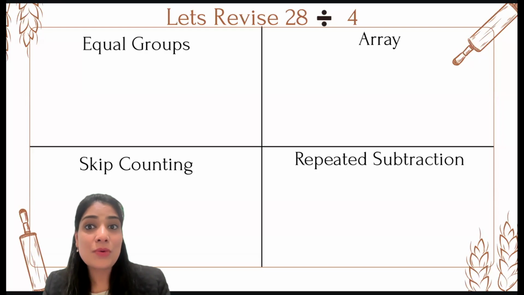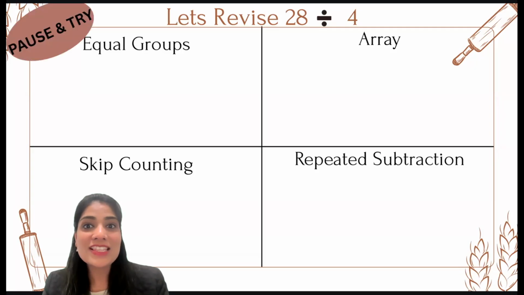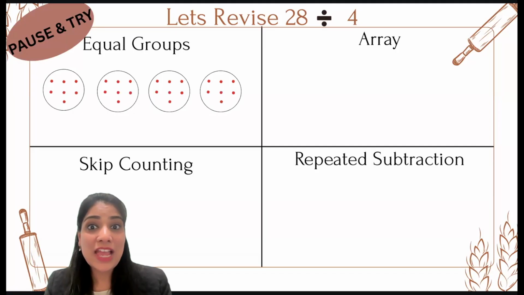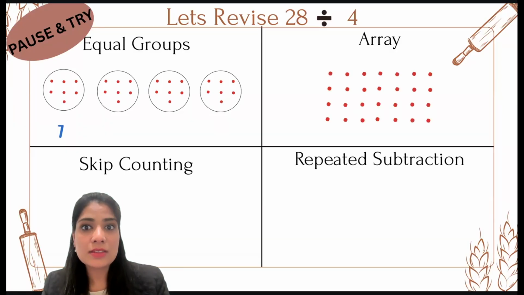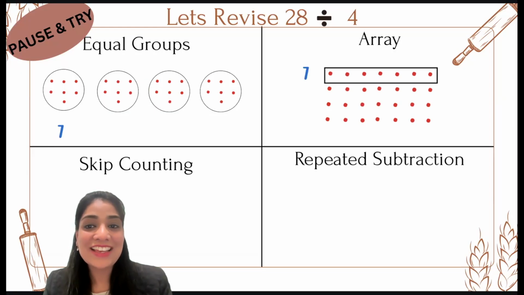You need to revise all these strategies and divide 28 in groups of 4. Pause and try. Okay, let's see what you got. Did you get 4 equal groups with 7 items in it? Great. And for array? Did you get an array like this? How many items in one row? 7. Great.